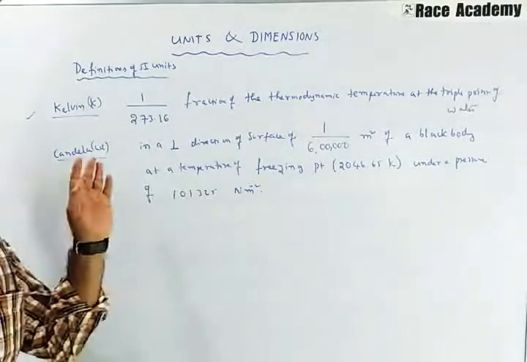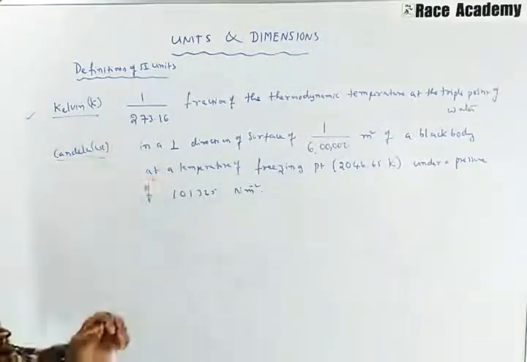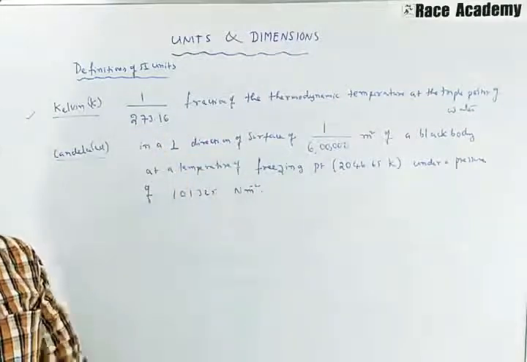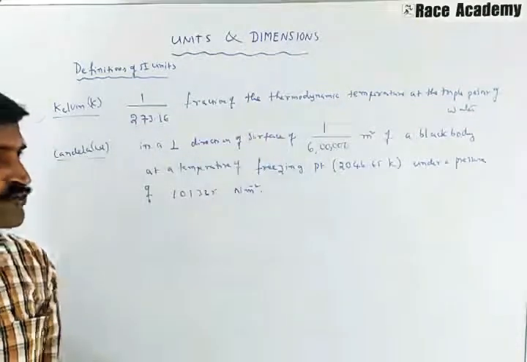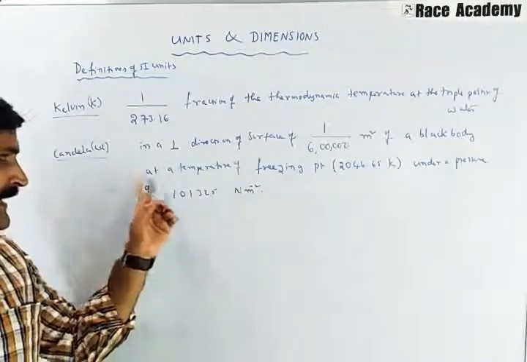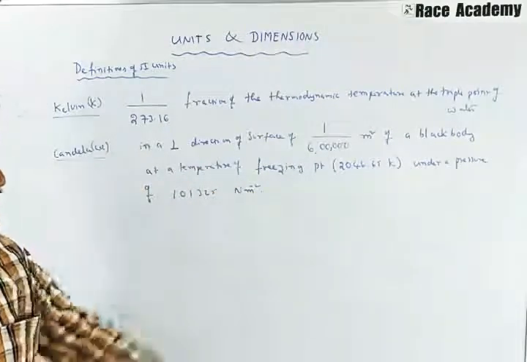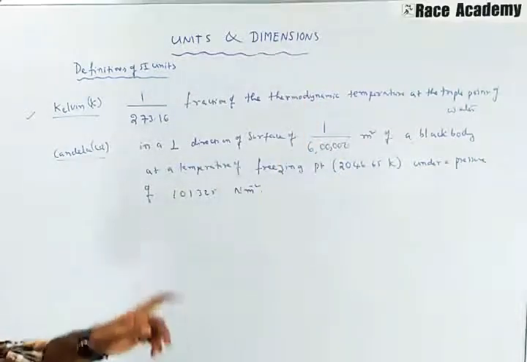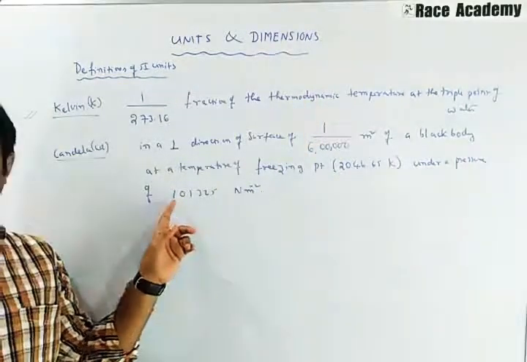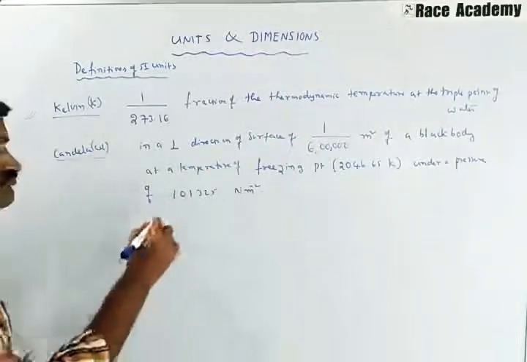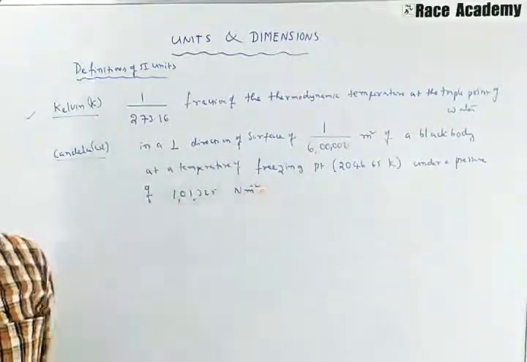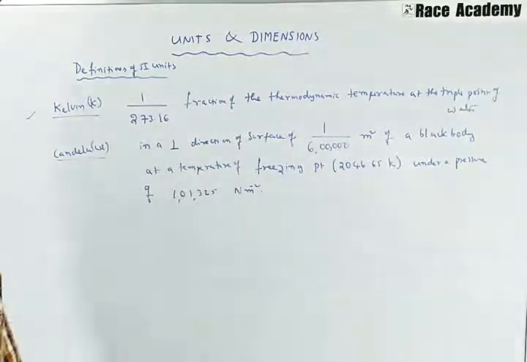Candela is the luminous intensity in a perpendicular direction of surface of 1 by 6 lakhs meter square of a black body at a temperature of freezing point 2046.65 Kelvin under a pressure of 101325 Newton per meter square is the definition.